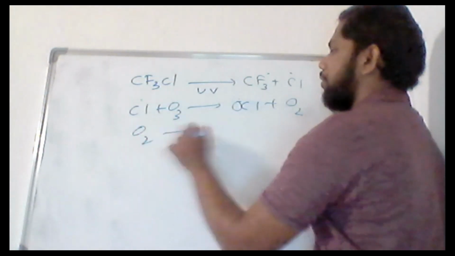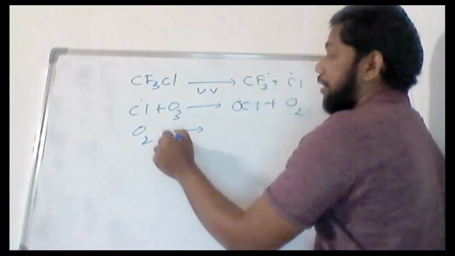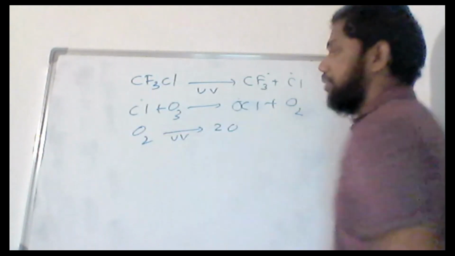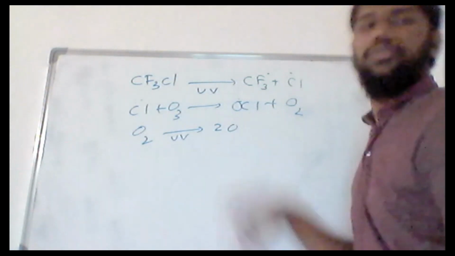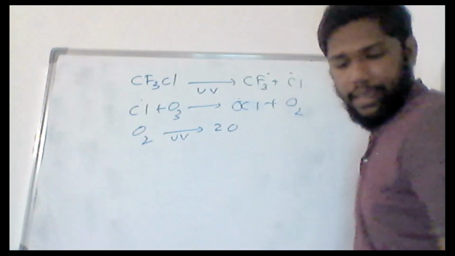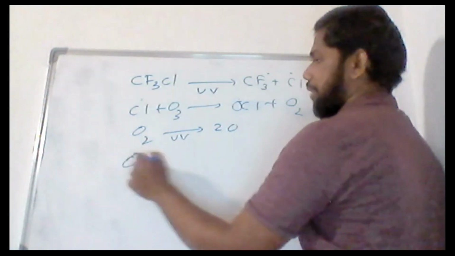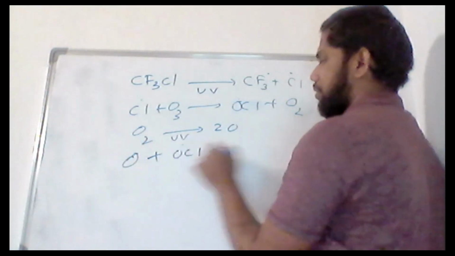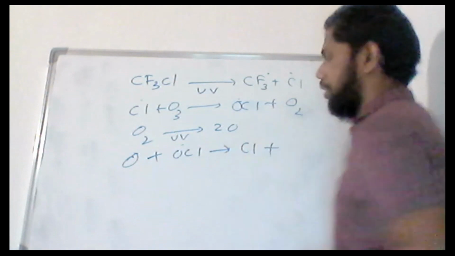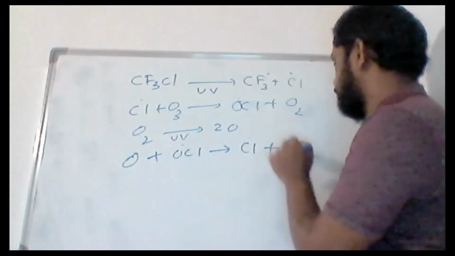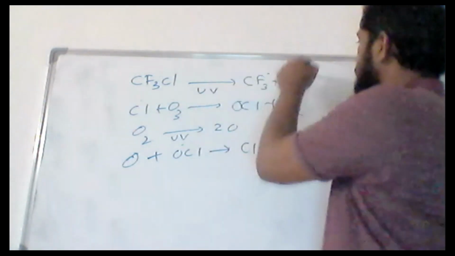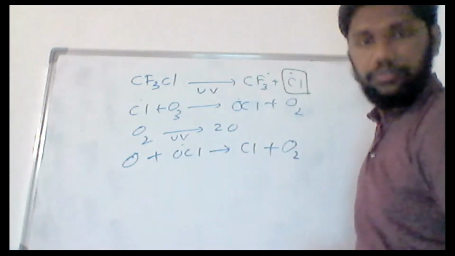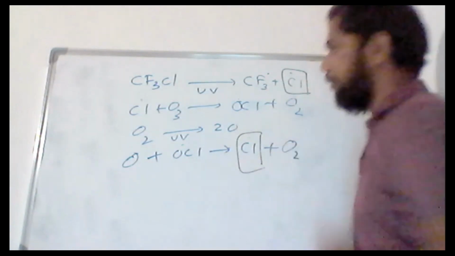Then oxygen also can react with UV to form two atomic oxygens. Basically, you don't need to put the radical here. You can show atomic oxygen, and this atomic oxygen can react with ClO to form Cl radical again and O2. So you can see the reaction starts here and ends here.